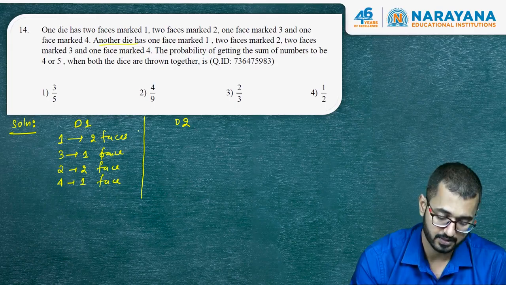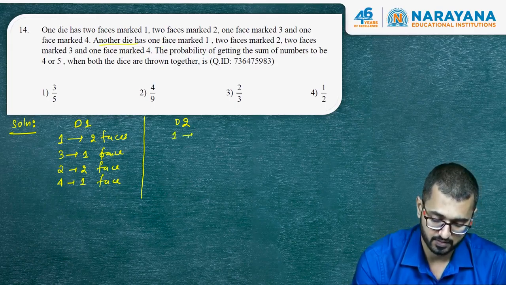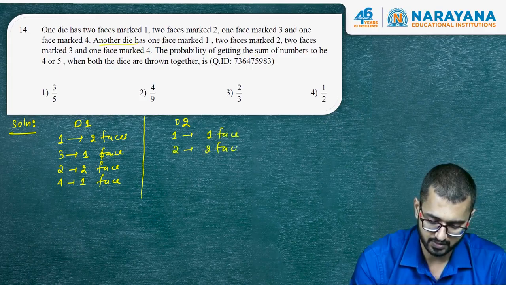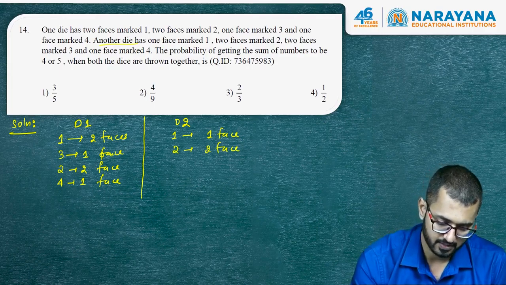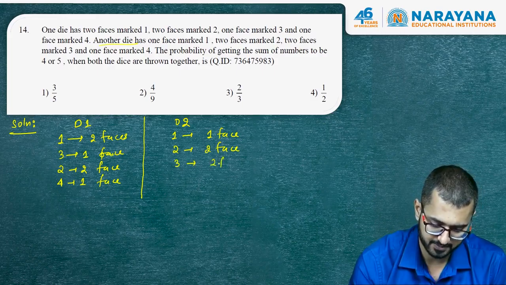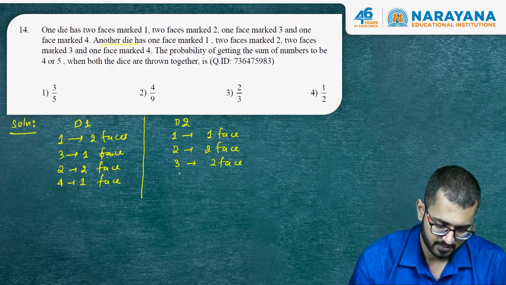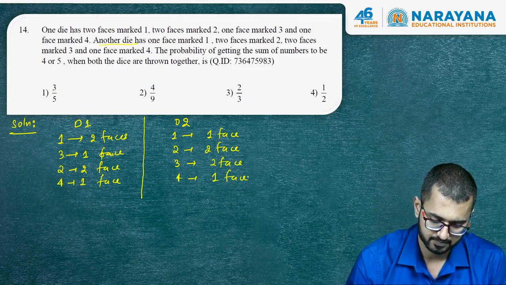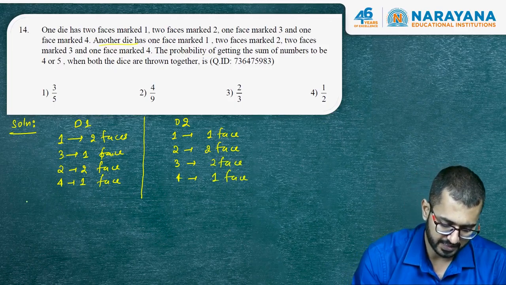Now die 2 will be what? 1 face marked 1. So yes, 1 has only 1 face and 2 is marked on 2 faces, and 3 is marked on 2 faces again, and 4 is marked on only 1 face. So on die 1 what will happen?